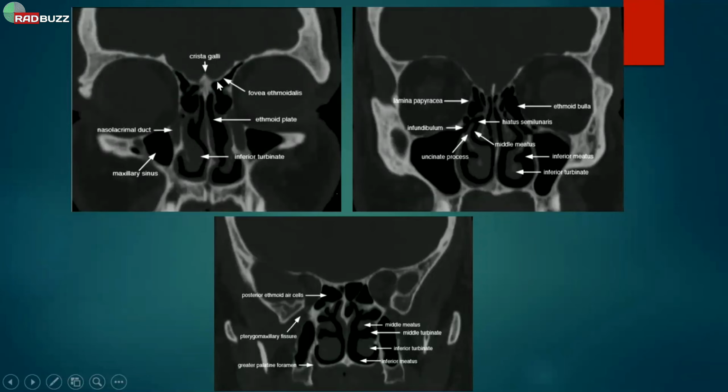Crista galli and cribriform plate of ethmoid, their involvement or disruption is important. We need to mention clearly whether they are involved or not.